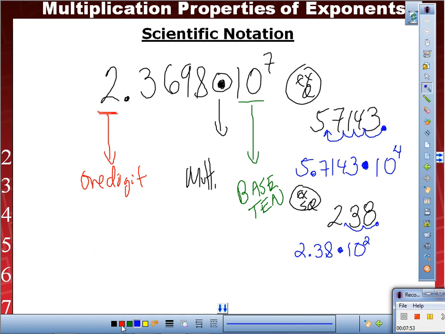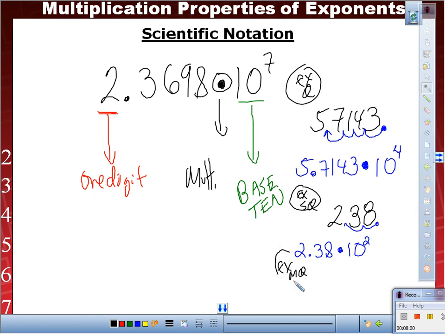Once you're done with those, I want you to do this next one by yourself. Example mega Q. Change this number to scientific notation: 1, 2, 3, 4, 5, 6, 7, 8. Change that one to scientific notation by yourself. Go.